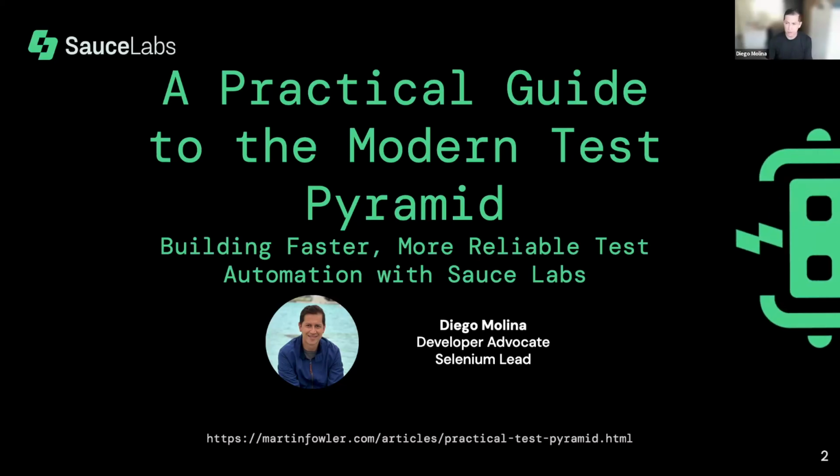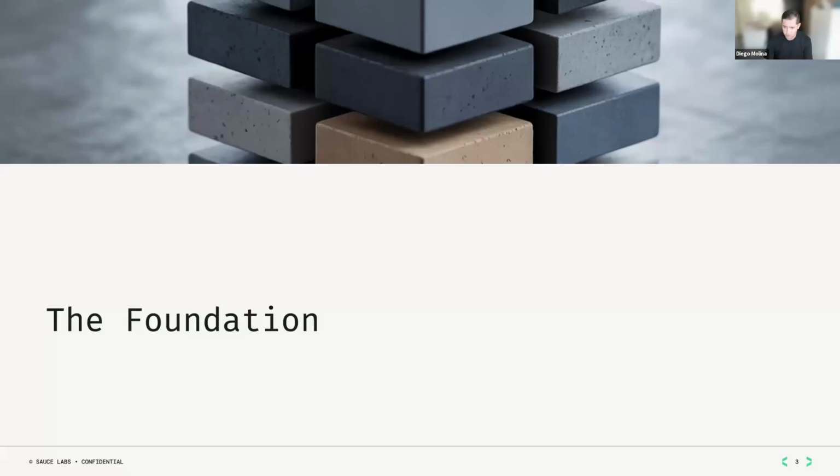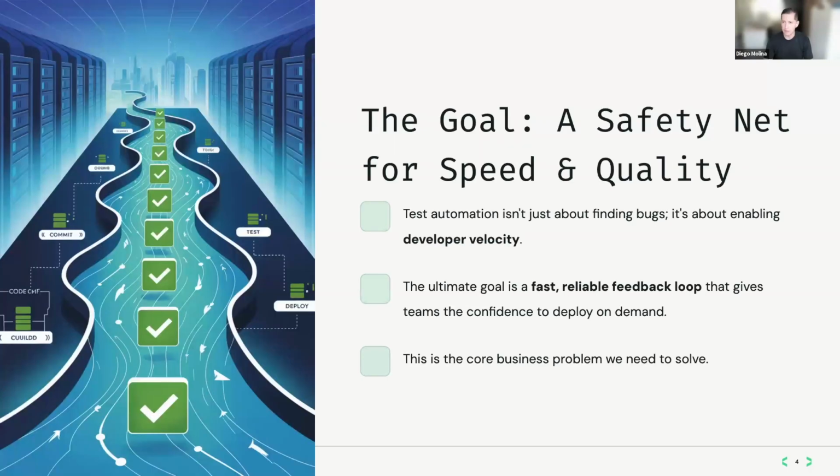Right, so the test pyramid as we know it has a foundation. But more than a foundation, talking about the base, the goal of having a test strategy in general, and the test pyramid is some sort of strategy, is that we all know that testing is an investment. And the idea is to move forward as fast as possible without breaking things.